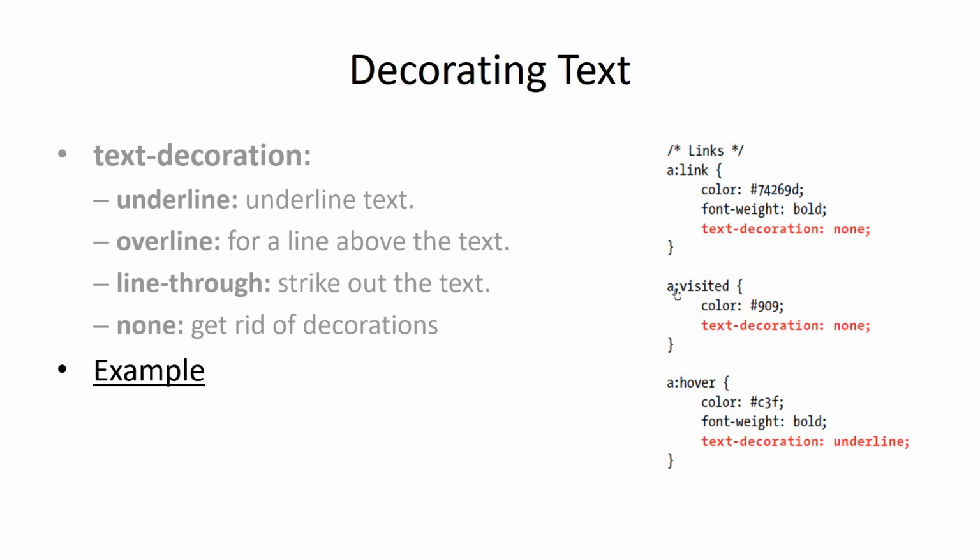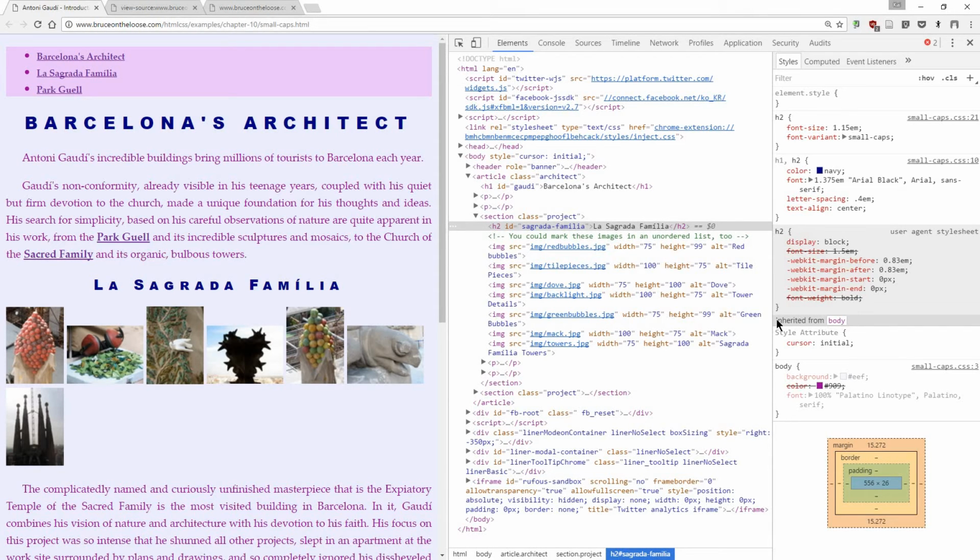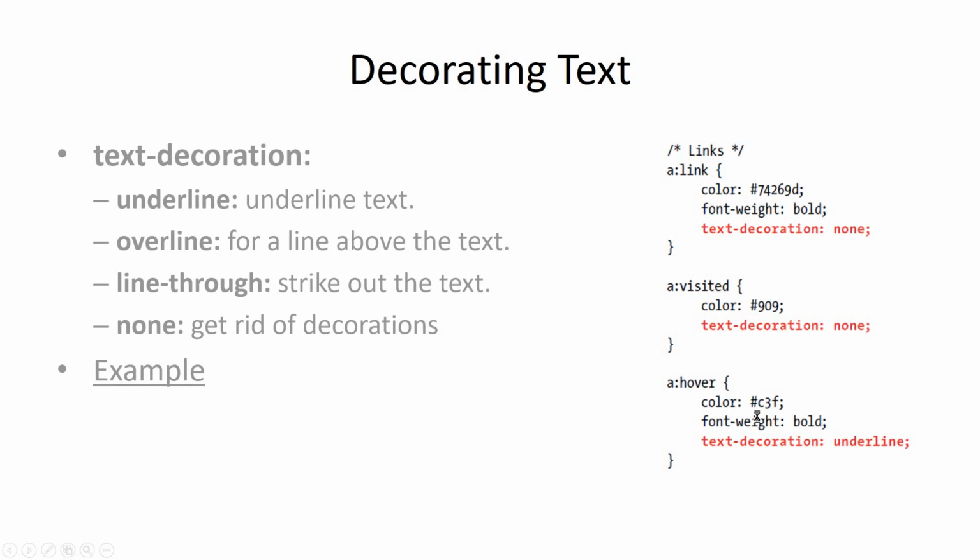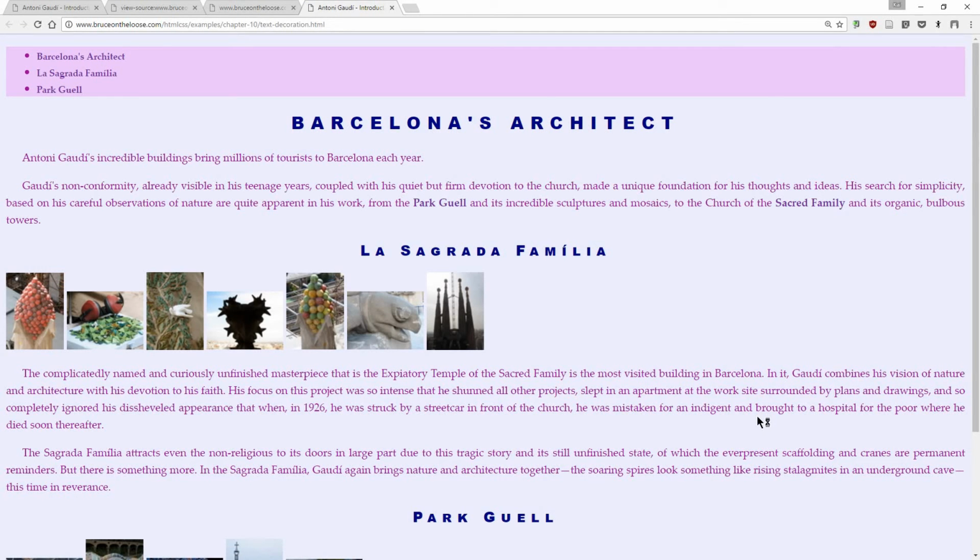Similarly for a visited link, it also doesn't have an underline, but when it's hovered, it says, okay, I want to underline when the mouse is over the link. So let's look at the page. As we see, these are applied to the links.